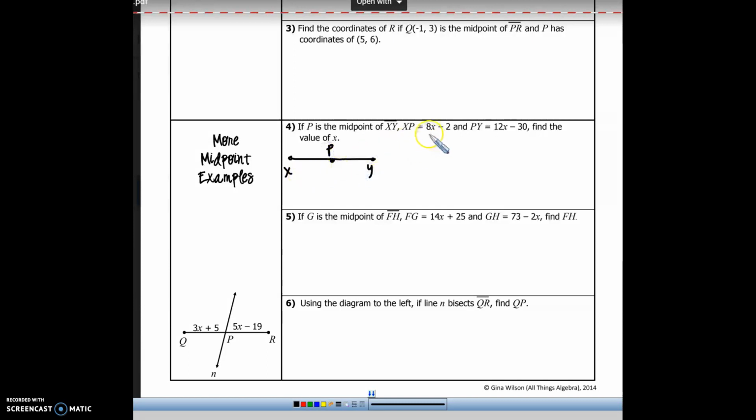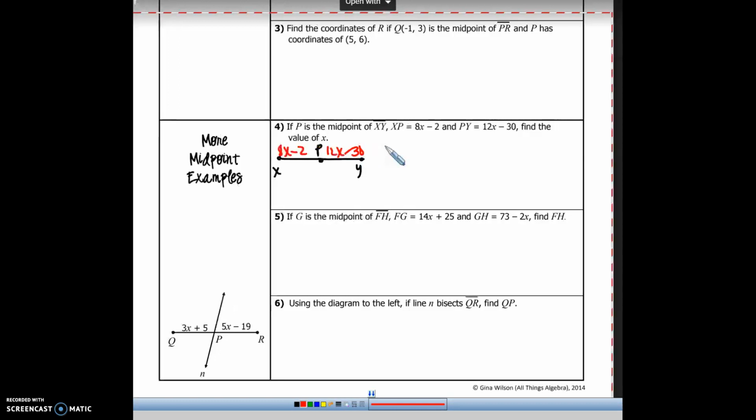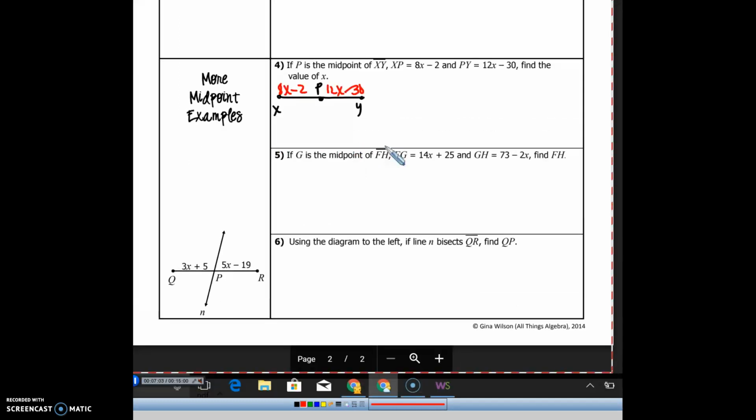It tells me that XP is 8x minus 2. So I'm going to fill that in here. 8x minus 2. And PY, this distance, is 12x minus 30. Okay. So if P is in the middle, the midpoint, what does that mean about XP and PY?